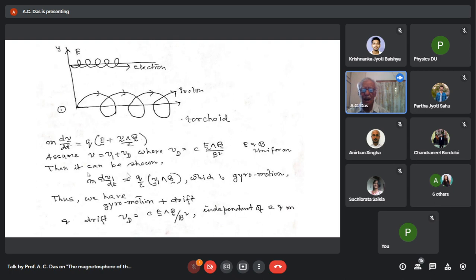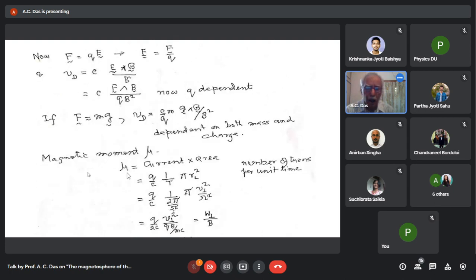Now, we can get something more out of this simple expression. We can write electric field in terms of force: electric field is given by the force by q. So E is replaced by F/q. Then vd, which is given by c E cross B/B squared, with E replaced by F/q, becomes c F cross B/(q B squared).